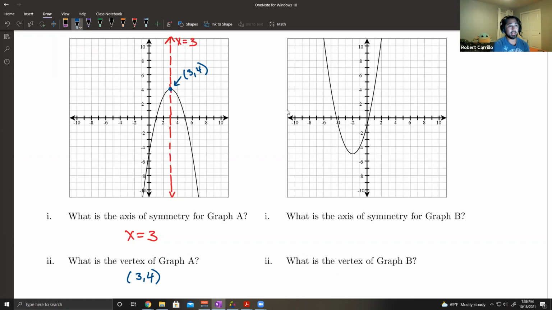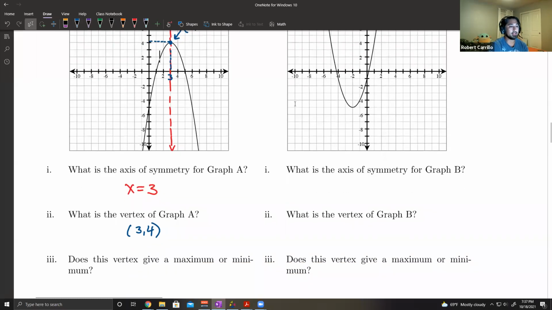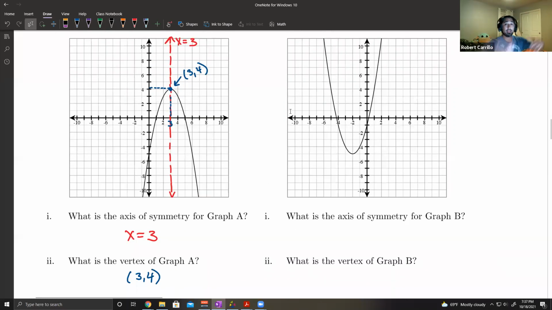Okay. And if you need help seeing that, well, here's 3. You go up and you match that y value to it. So 3, comma, 4. Okay. And then does this vertex give a maximum or a minimum? Since it opens down, it creates a high point, which makes it a what?